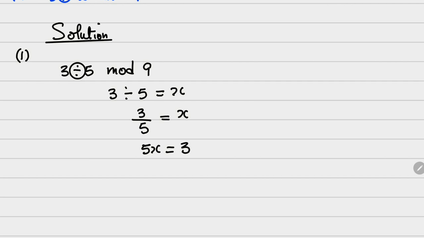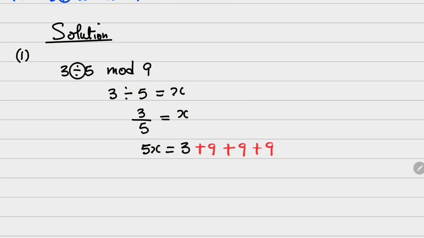Now, the method of doing it is you keep adding the mod until you get to a number that 5 can divide with no remainder. So you keep adding 9. 3 plus 9 is 12. 5 cannot go into 12 evenly. Then plus another 9, that is 21. It still cannot go.